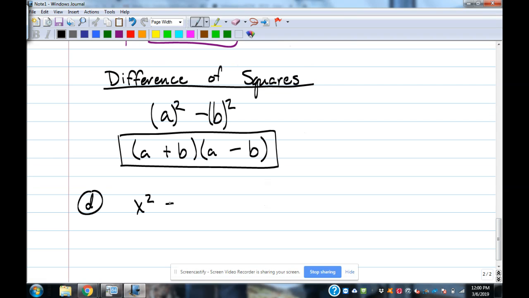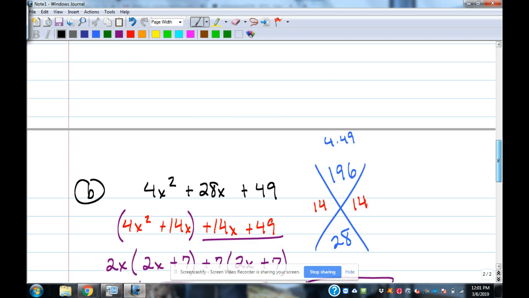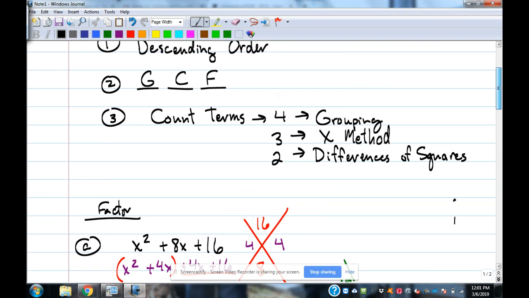X squared minus 16. And this goes back again to that chart of recognizing the square numbers. We recognize that 16 is a square number, and this is a difference because it has what sign in the middle? Subtraction. It's got two terms, and so it goes back to that instructions at the beginning.